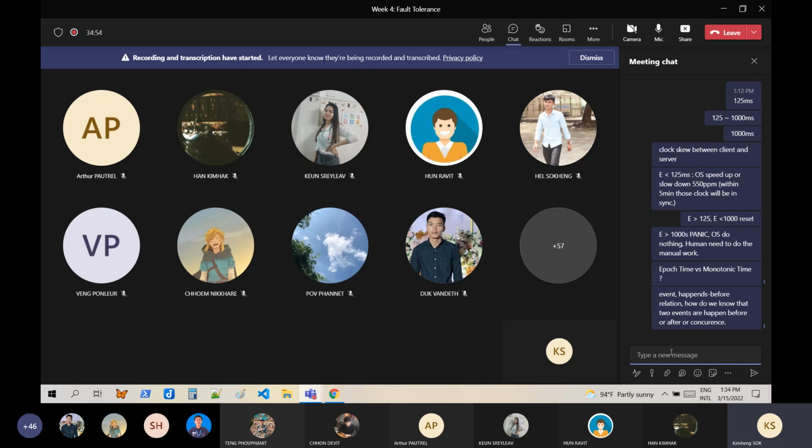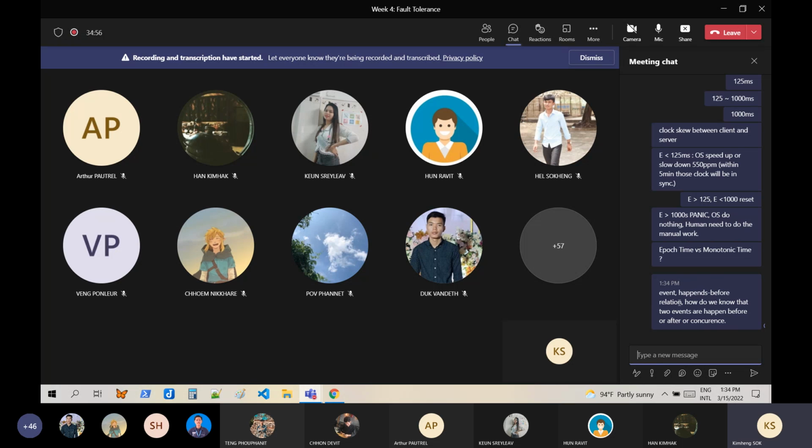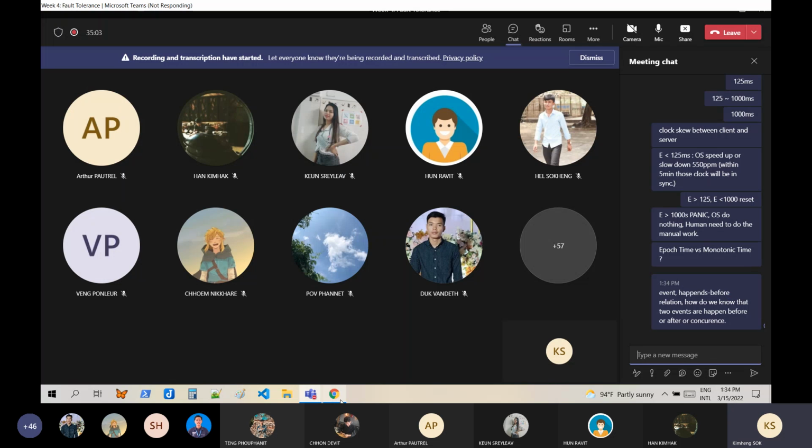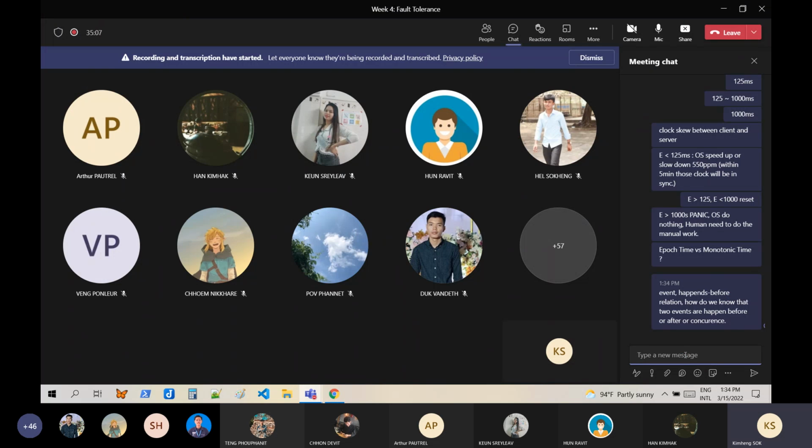So any question related to that, like what is an event, what is a happens-before relationship, how do we know that two events happen before or after or are concurrent? Understand? If you understand, say yes. If not, you can ask the question.